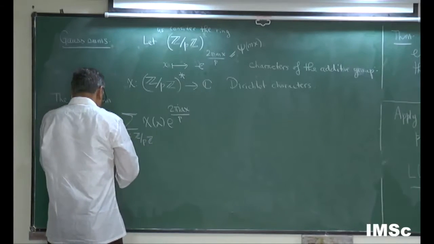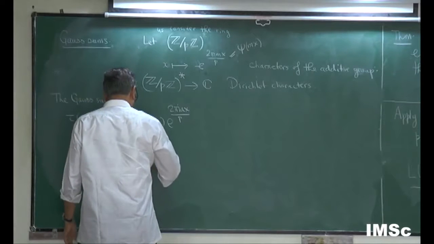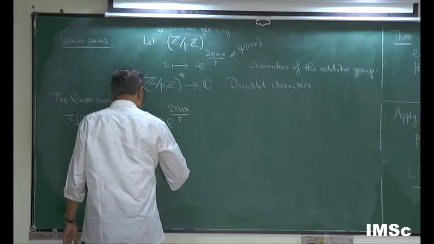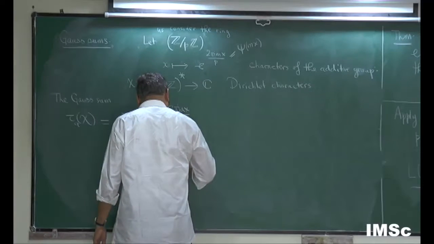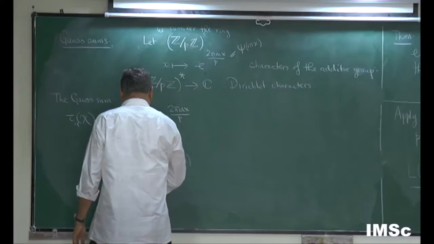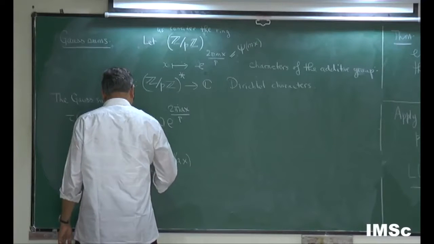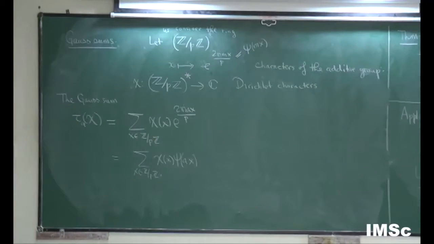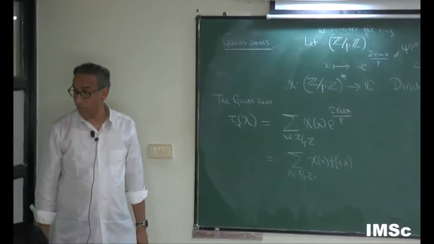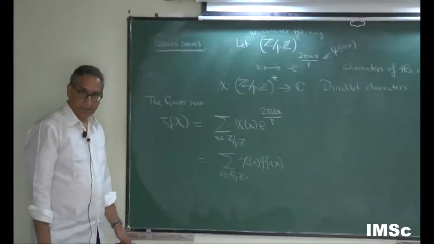So this thing can be written using my psi notation. Now these Gauss sums are very useful in number theory. Maybe you've already met them, but if you've not, here they are.